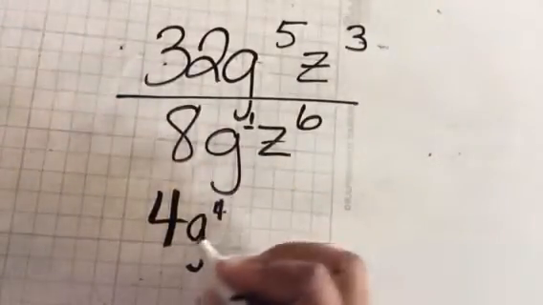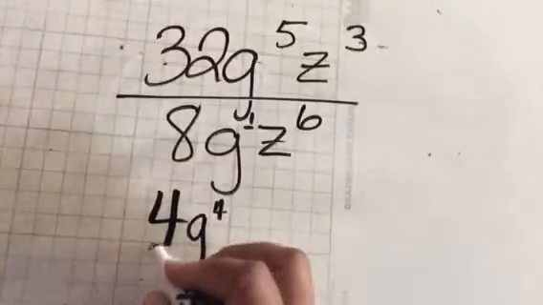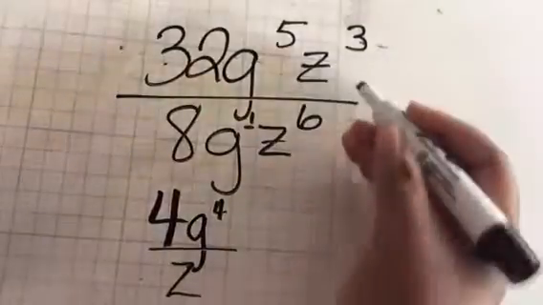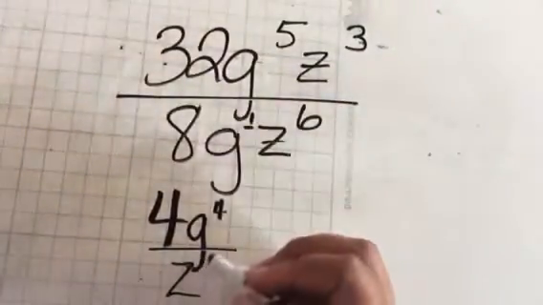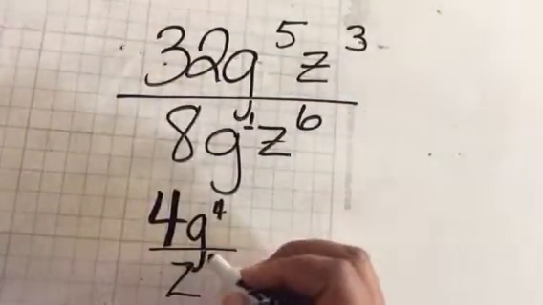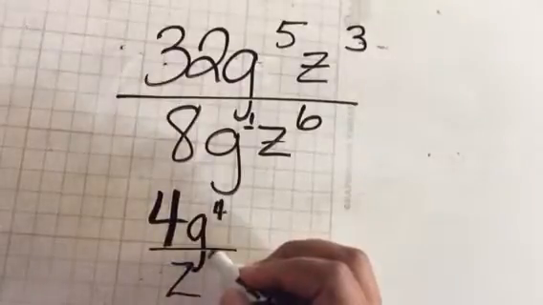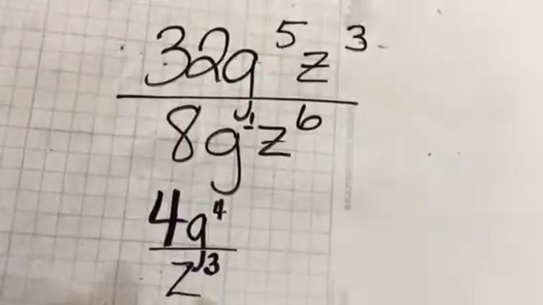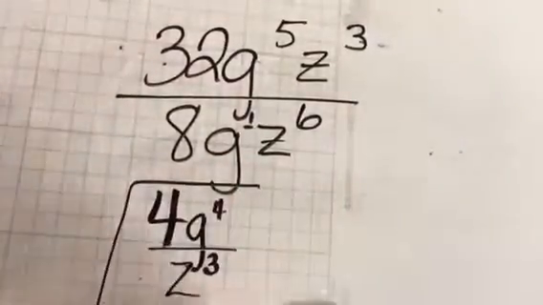So since it's negative, it's going to go in the bottom. So z, and 3 take away 6 is a negative 3. So since we moved it to the bottom, we're going to get rid of the negative, and z to the 3rd power. So this is your answer.